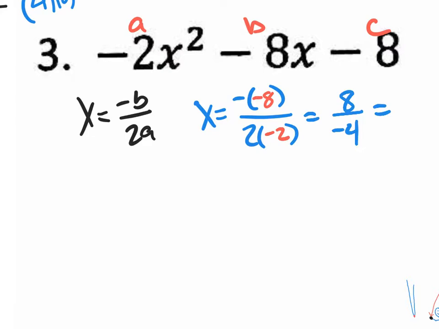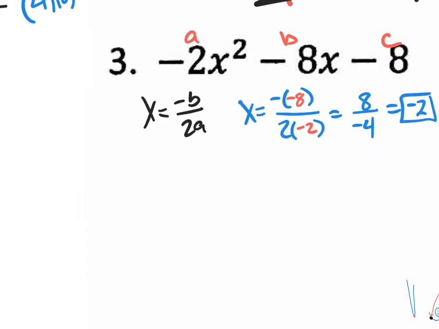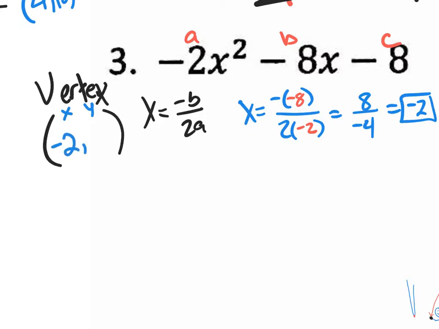Negative 2. Negative 2, thank you very much. So what did we just find right now? We found the x value of our vertex. So if we're trying to find the vertex, we first need to remember that a vertex is a coordinate, which is really an x value and a y value, and we just found the x value of negative 2.